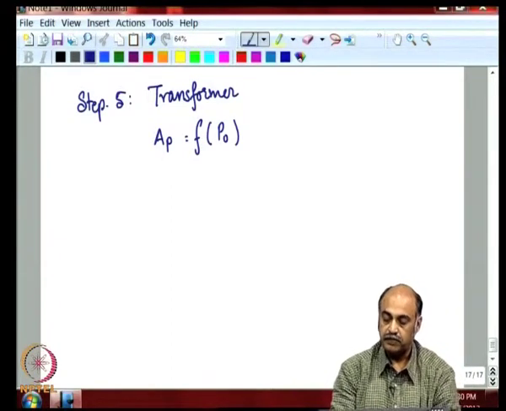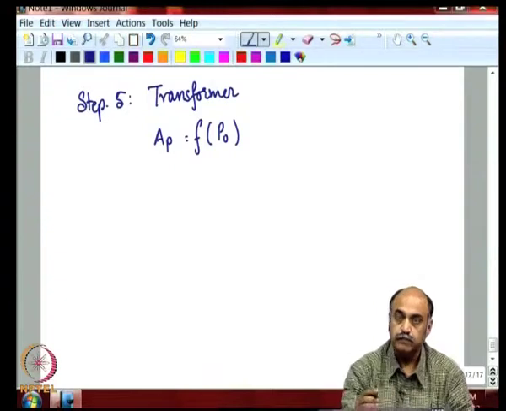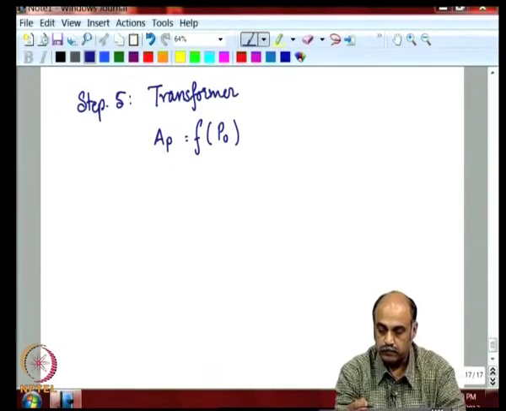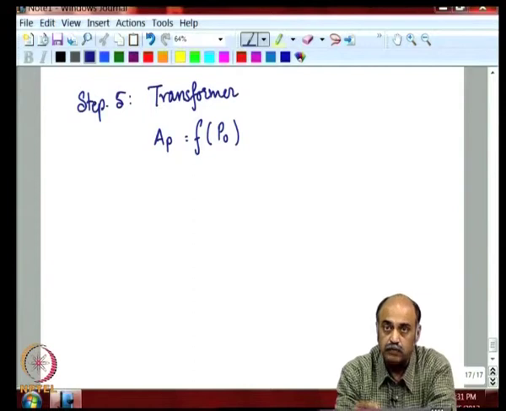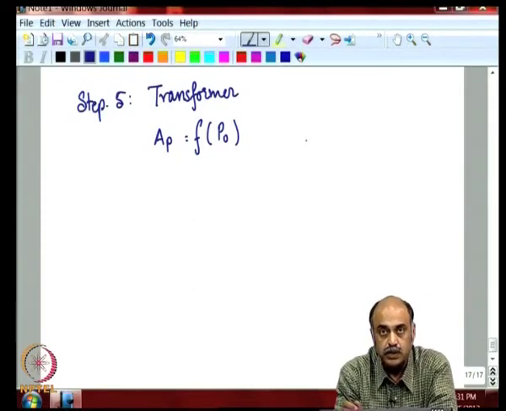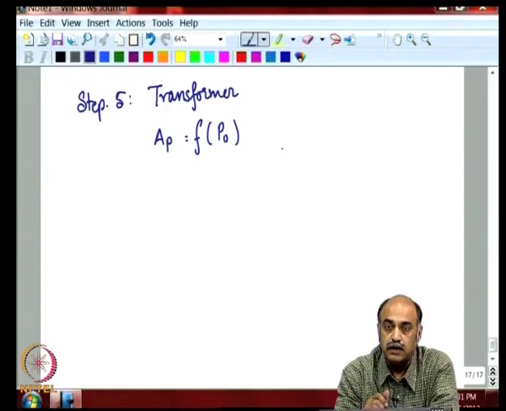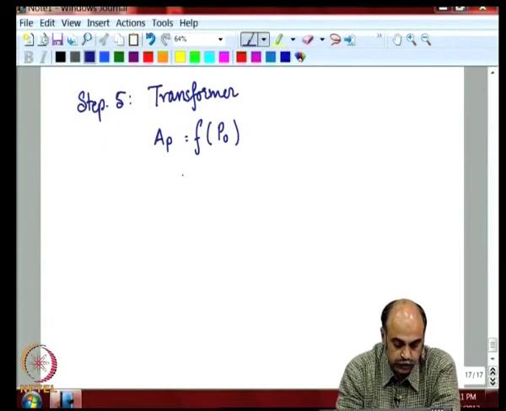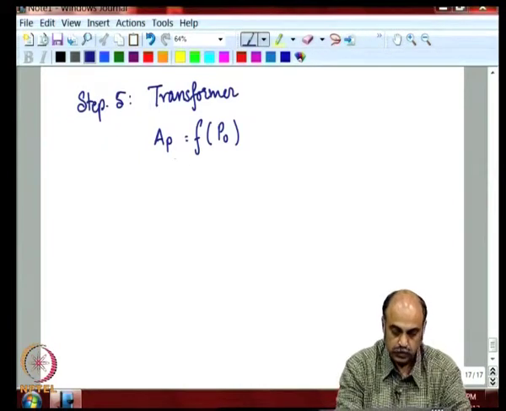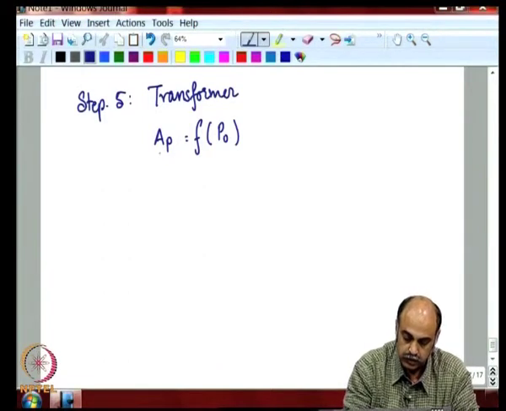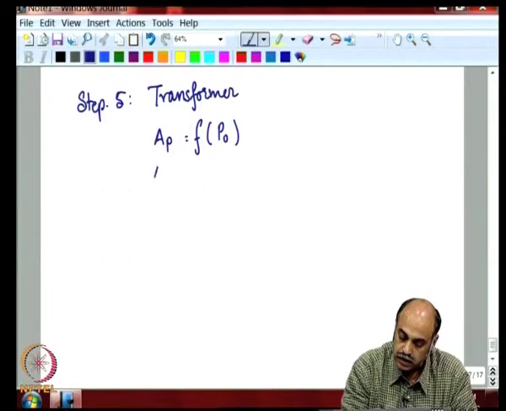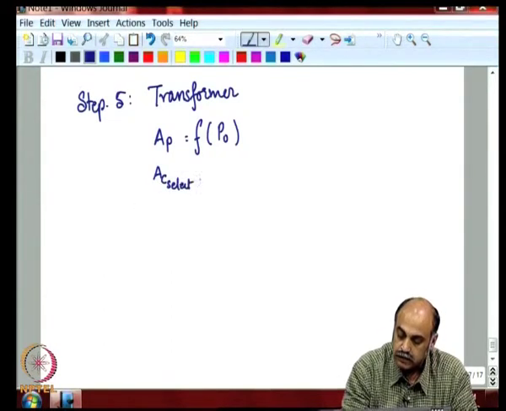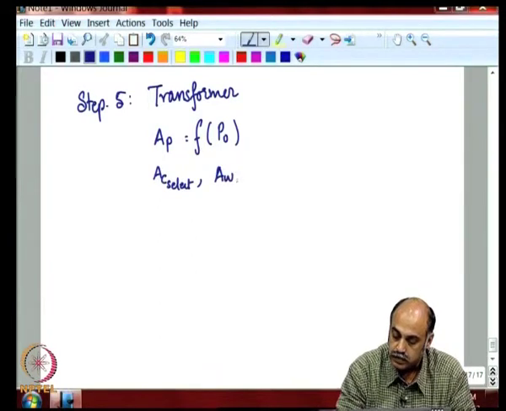So, each transformer will have different equations for the area product. You can work that out by using Faraday's first law, and the Kw Aw should be greater than A into sigma of A into N. Now, based on that, you would select a particular AP, and therefore, you have a AC selected and AW selected.